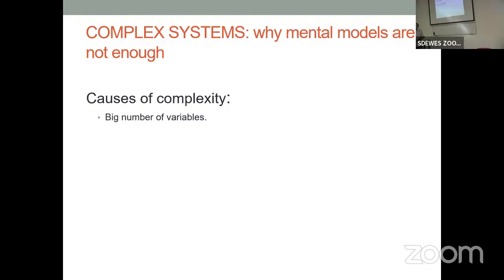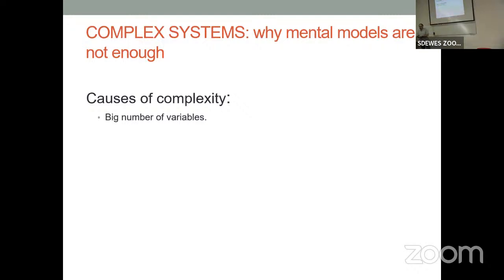Some relations are not so intuitive. So for those systems in which the relations are complex in the sense of several feedbacks, nonlinear relations, delays and so on, it's much better to have a simulation tool that helps us to understand what is happening than just to have an idea about what is the best.